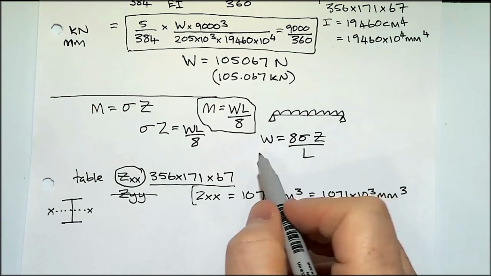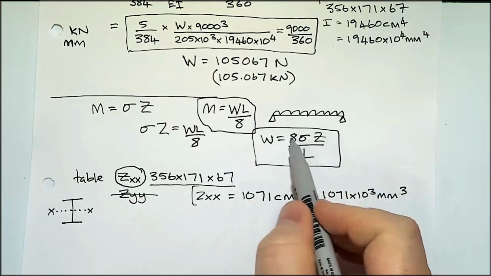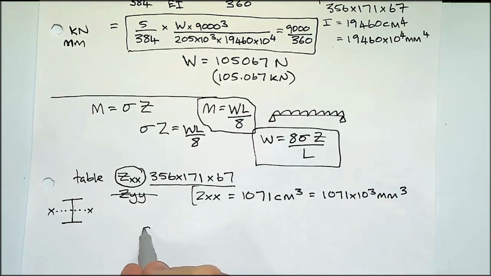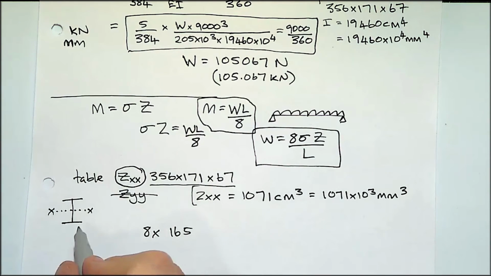So putting all of these values into our rearranged formula, which is 8 times by 165, and again we'll do this in newtons and millimeters.